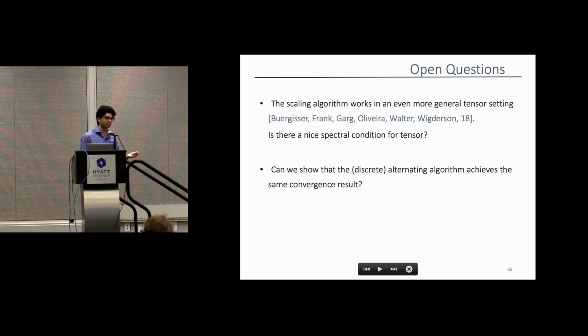I haven't defined these problems, but feel free to ask me after. So the first open question is whether there's a spectral analysis of more general settings. The second is that we've analyzed this continuous process, but you might believe that the discrete process is also an optimization method and so should also be analyzable for fast convergence in the spectral setting. Can we do that? Cool, thank you.